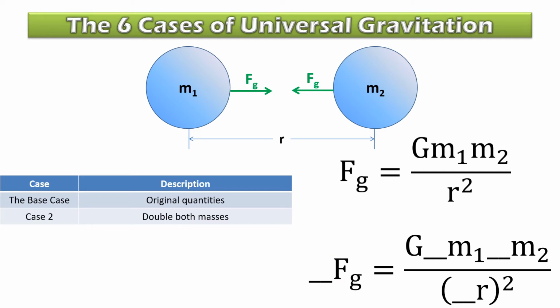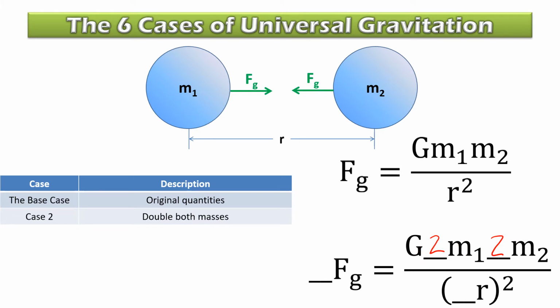So if we double both masses, we have double M1 and double M2. Well, now this is an unbalanced equation, right? We can't just say it's definitely equal to Fg still. We changed something on one side of the equation, so whatever you do to one side, you have to do to the other. So let's look at what we did. We put a 2 times, it's being multiplied by this mass, times another 2.